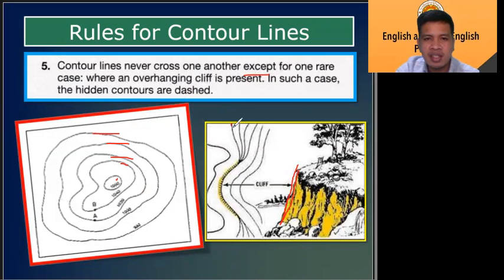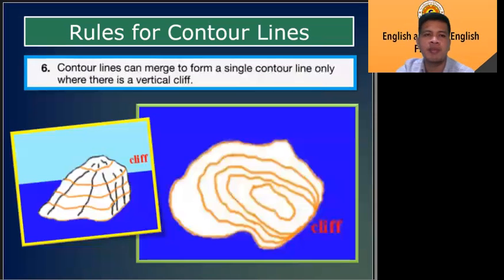So these are contour lines, but they merge in this area, so they are dashed. If you see this in a contour line, it means that this is a cliff, according to rule number 5.